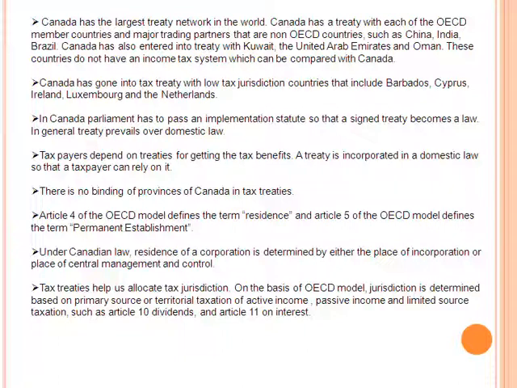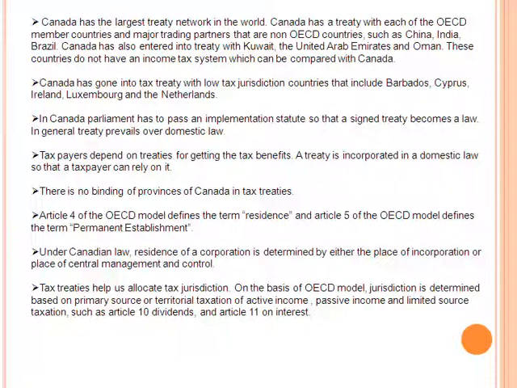There is no binding of provinces of Canada in tax treaties. Article 4 of the OECD model defines the term residence, and Article 5 of the OECD model defines the term permanent establishment. Under Canadian law, residence of a corporation is determined by either the place of incorporation or place of central management and control.